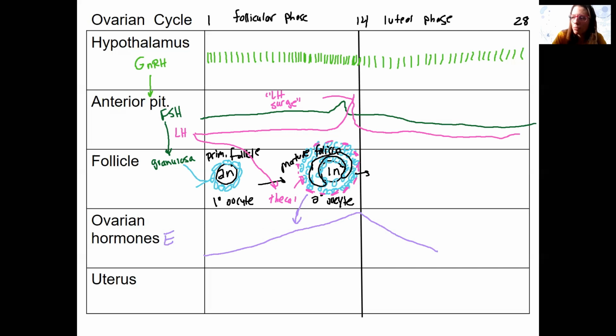The other sex hormone in females is progesterone. That is pretty much going to stay low until just before ovulation, and we'll get there. So the trigger of ovulation is luteinizing hormone that has this surge. That surge is actually caused by estrogen.